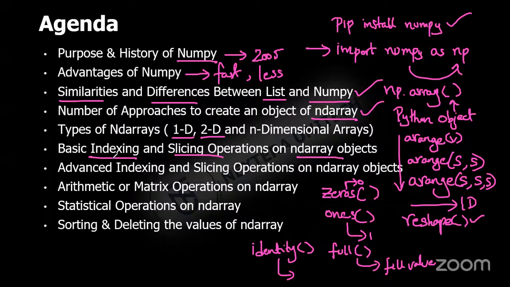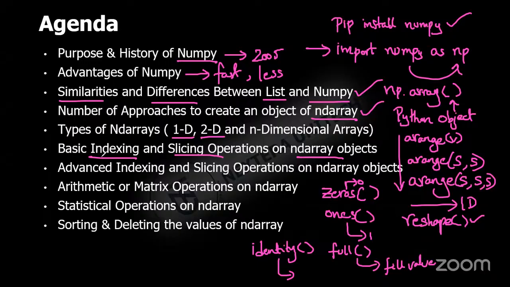But we understood the difference between arrays and the traditional Python objects. So in the same way, indexing also will change, guys. The concept of indexing will be very interesting on ND array objects.